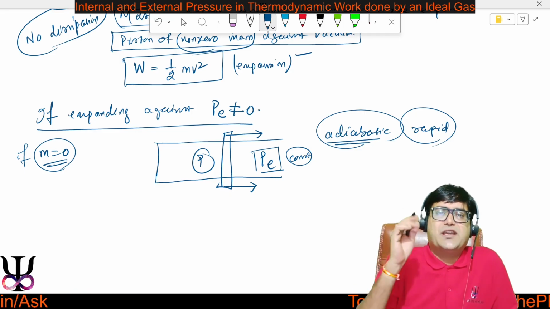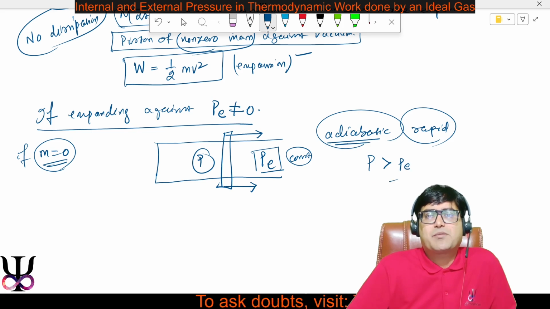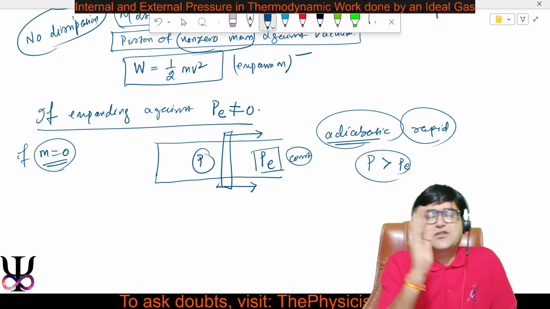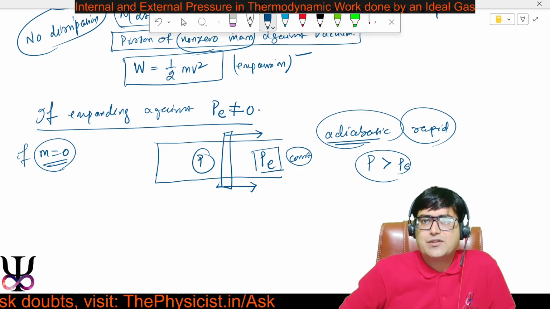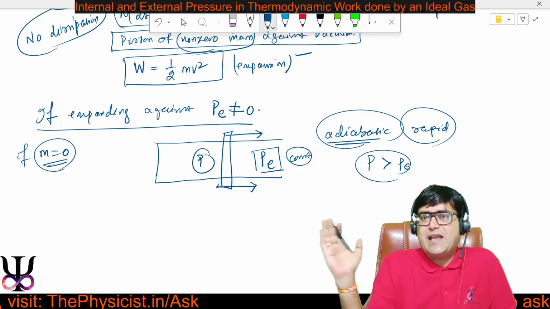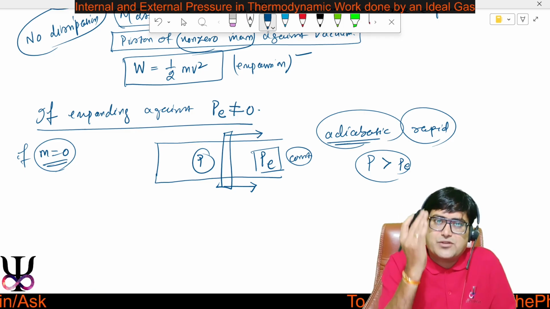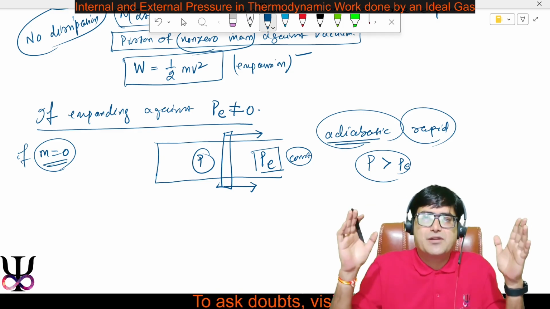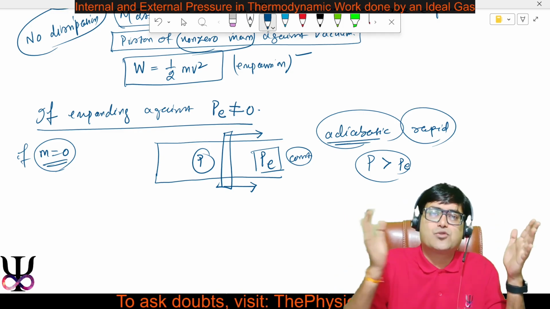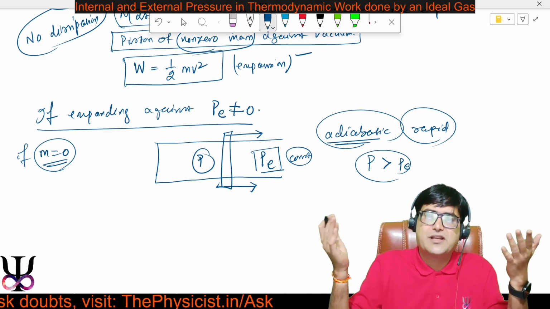As you can see, the internal pressure initially must be greater than the external pressure. That's exactly why the piston moves to the right. Clear? As the piston expands and goes to the right, the internal pressure gradually drops, because the gas is gaining volume, it is losing its pressure.